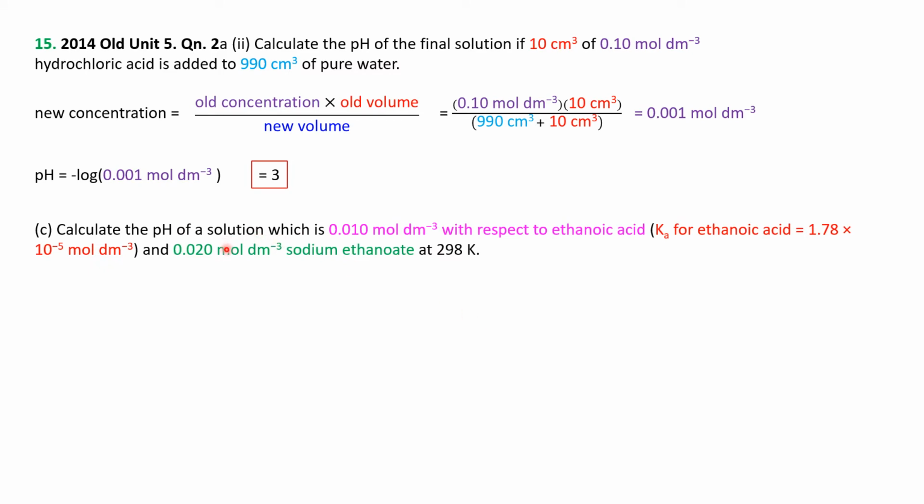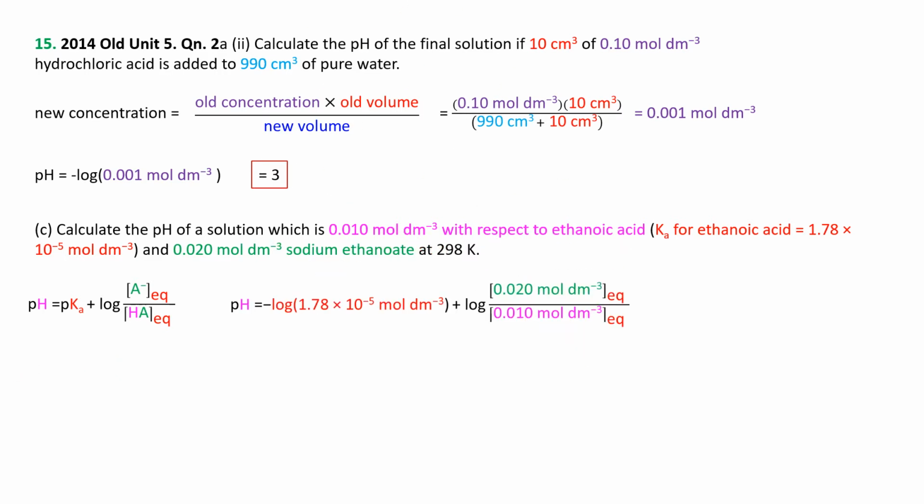And calculate the pH of a solution which is 0.01 moles per cubic decimeter with respect to ethanoic acid. That's the Ka of ethanoic acid, and 0.2 moles per cubic decimeter of sodium ethanoate. Well, here we use the Henderson-Hasselbalch equation. pH is pKa for the acid plus log of the base concentration over the acid concentration.